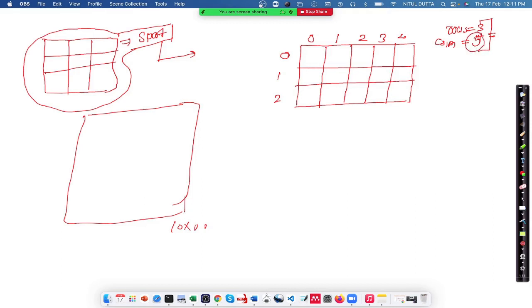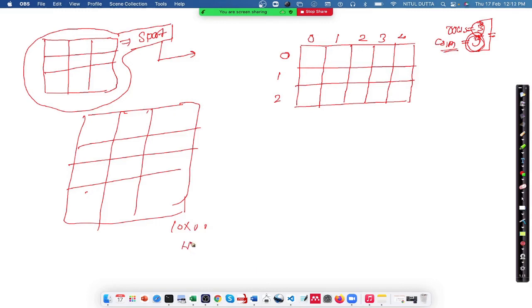However, there are only 5 non-zero elements. That's why I have represented this matrix in the form of a different compact matrix, where the number of rows will always be equal to 3 and the number of columns will be equal to the number of non-zero elements. Since the number of non-zero elements is 5 here, I have given 5 columns, not rows.